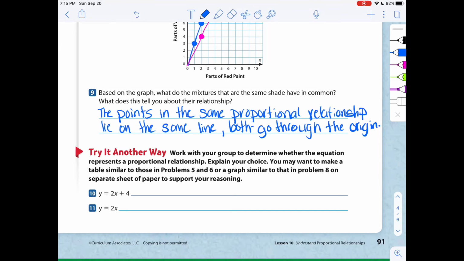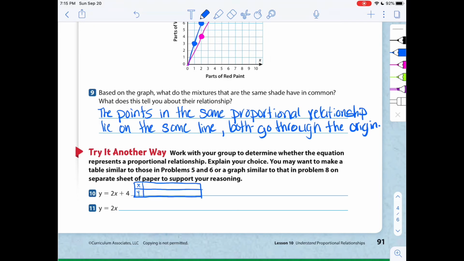So looking at these two equations, we want to know if they represent a proportional relationship or not. And based off what we've done so far, you can make a table or a graph to help you represent this. So what that might look like is if you have a table of values, and if you look in the equation, you have an x and a y.